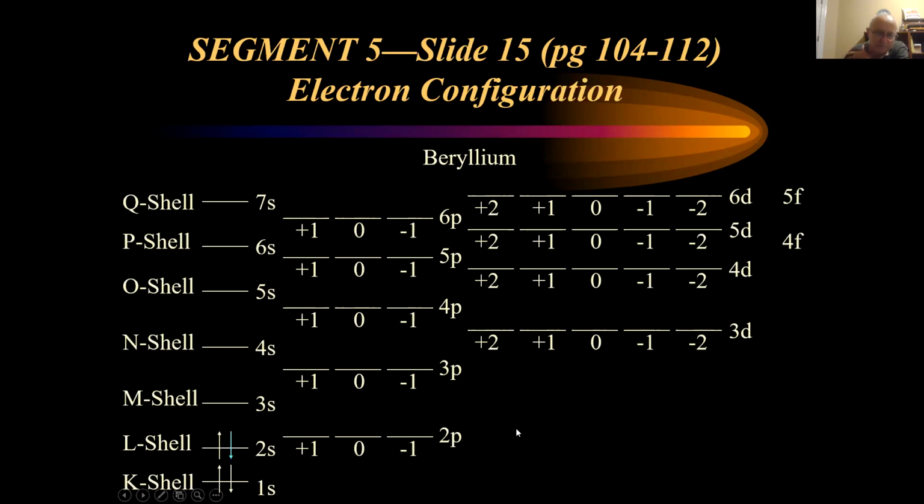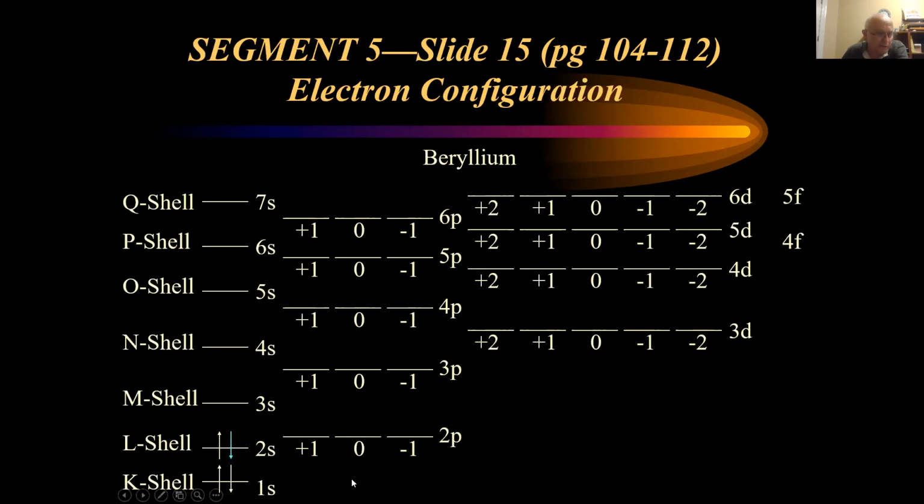Now, if you remember when we talked about the unreactivity of hydrogen, we said, oh, okay, if I had all of that orbital full, then maybe that was a stable configuration. Well, if you took that same argument to this point and said, okay, this orbital is full and this orbital is full, therefore beryllium would be a noble gas. Well, you know it's not. So it's not the fact that the orbital is filled.